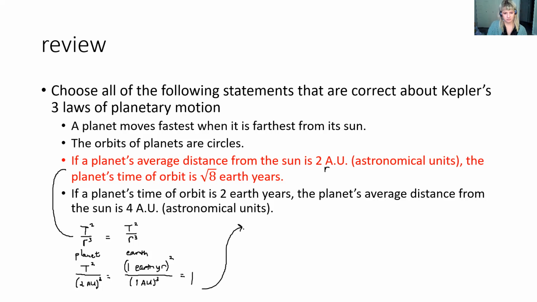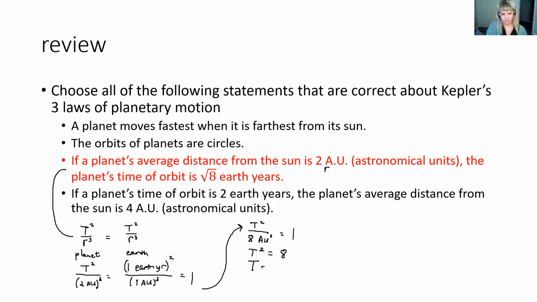Going up here, T squared over 2 AU cubed. I'm going to cube this, so it's going to become 8. So T squared becomes, I'm going to drop the units, 8.